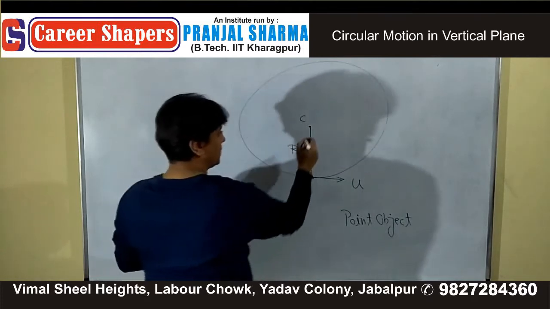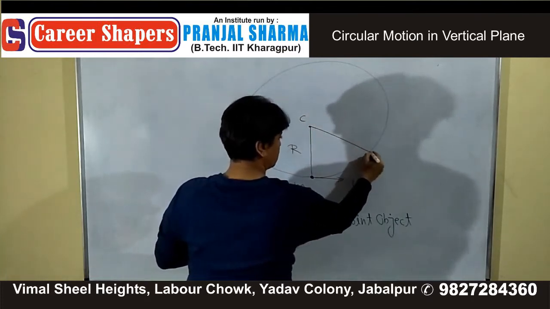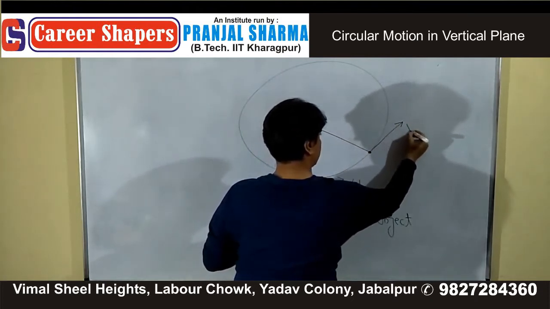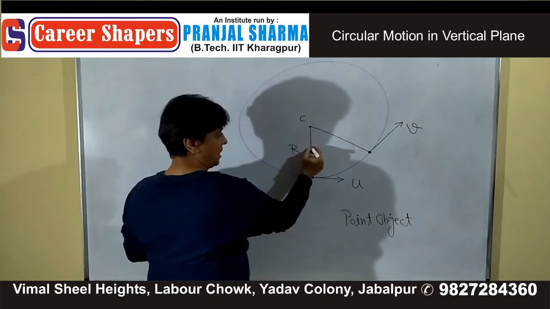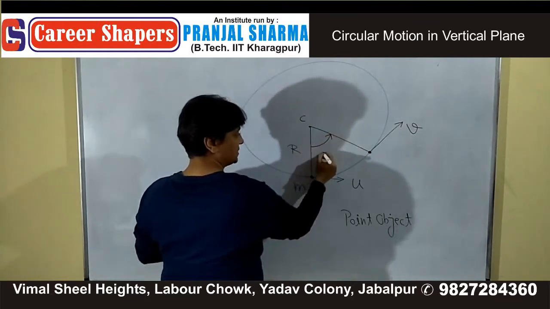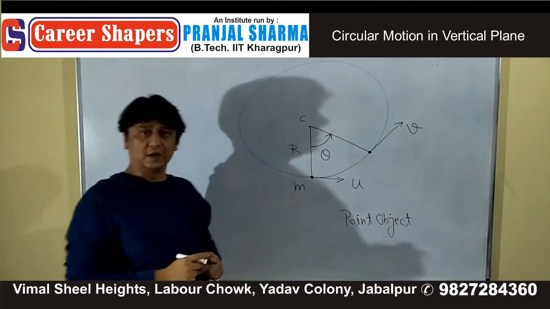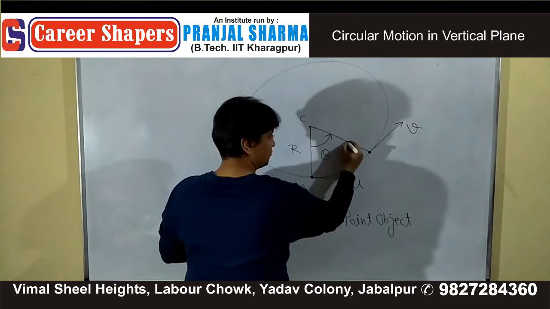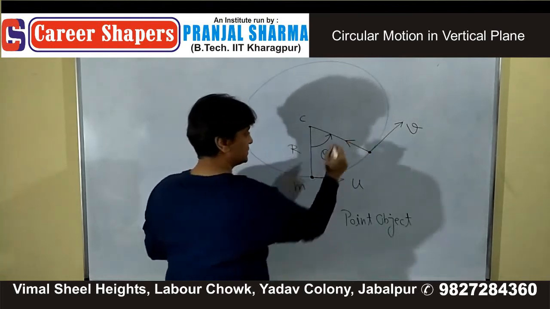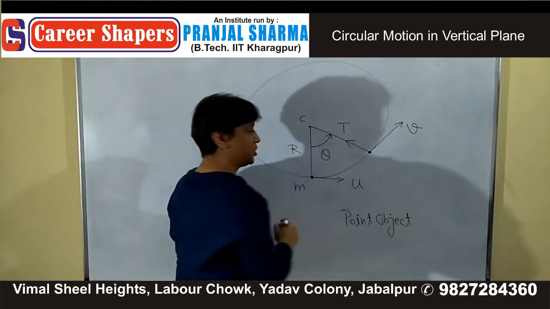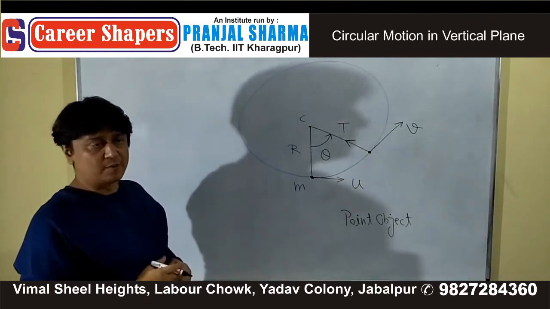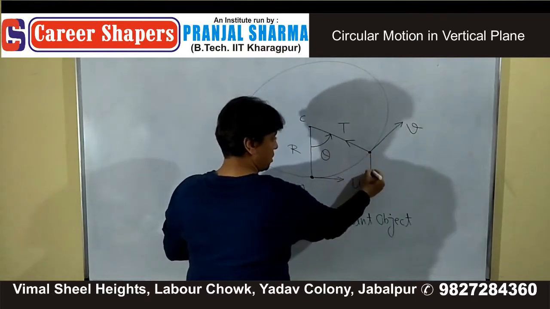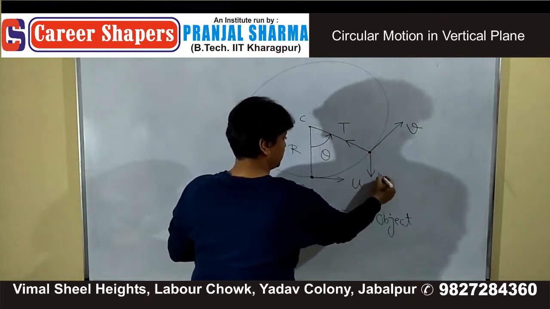When it reaches this point, its velocity becomes v, and angular displacement it has covered is theta. Right here, tension force in the rope is T. And you know that tension always acts away from the body. It's a pulling force. T is acting like this. Downward force is mg.